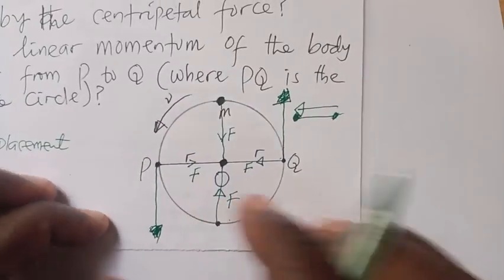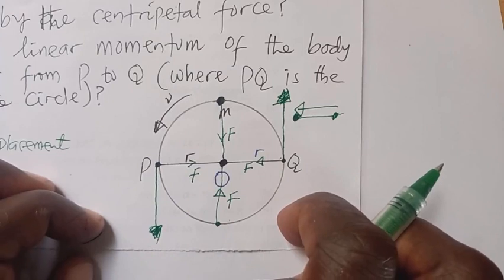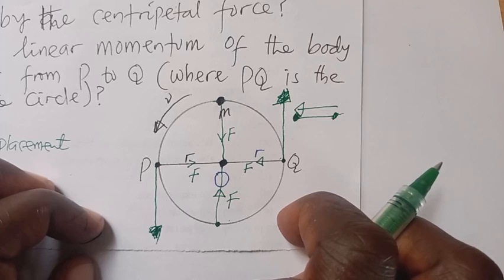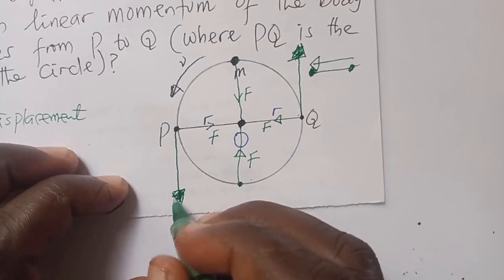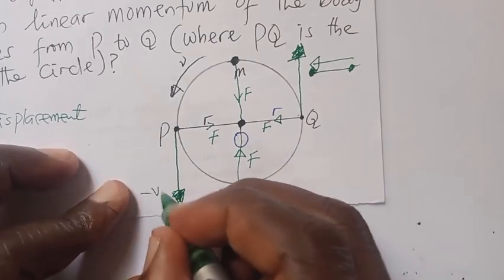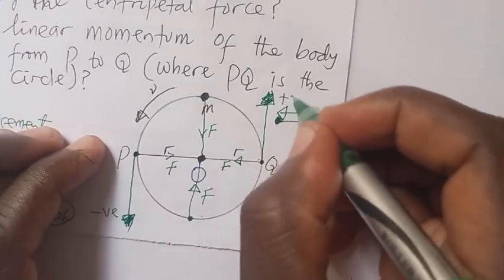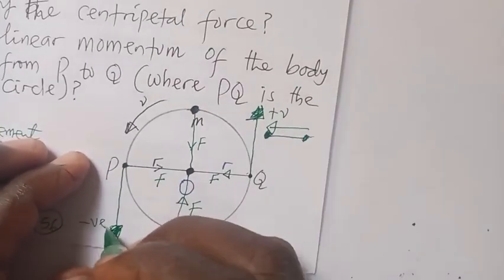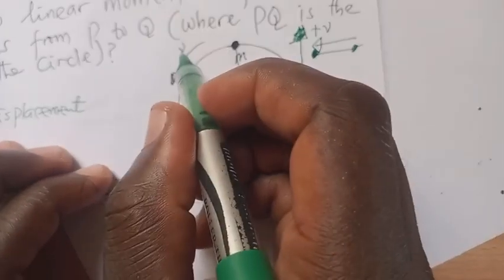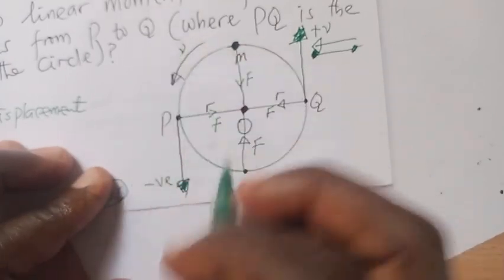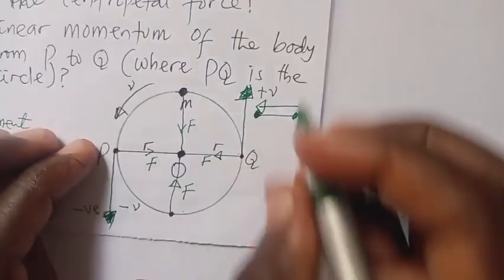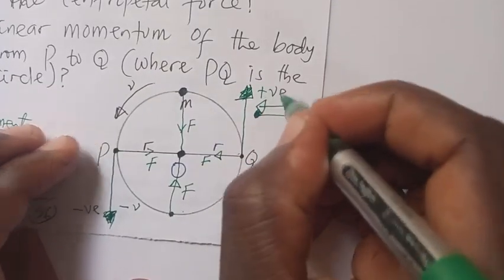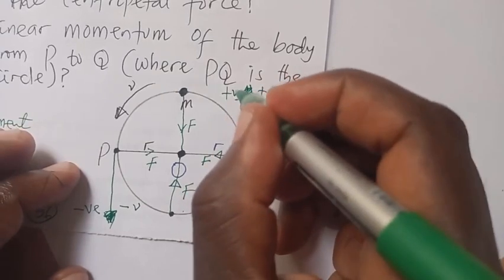When we have vectors that are oppositely directed, do not forget one of them should be positive and the other negative. If I take the downward one as negative, then the other I must take as positive. But in any case, the magnitude of this velocity is uniform. It is minus v here, and it is plus v here.